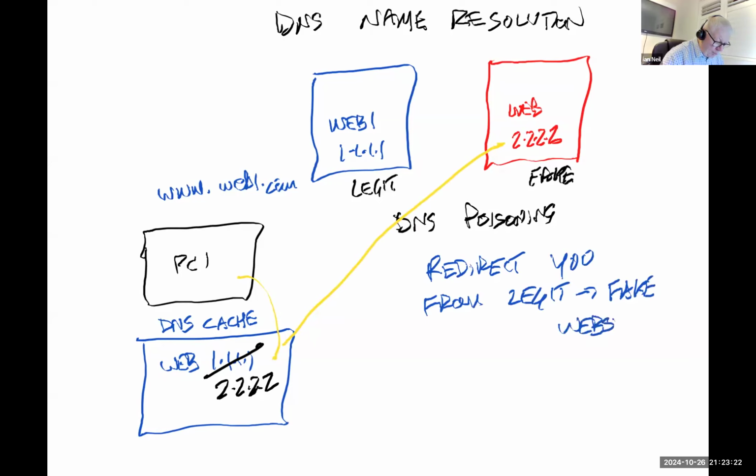Now, we're only looking at protocols at the moment. To stop it, we're going to use a protocol called DNSSEC. I'm going to put it in two colors, SEC. What does that sound like? DNS security. Does that make sense?